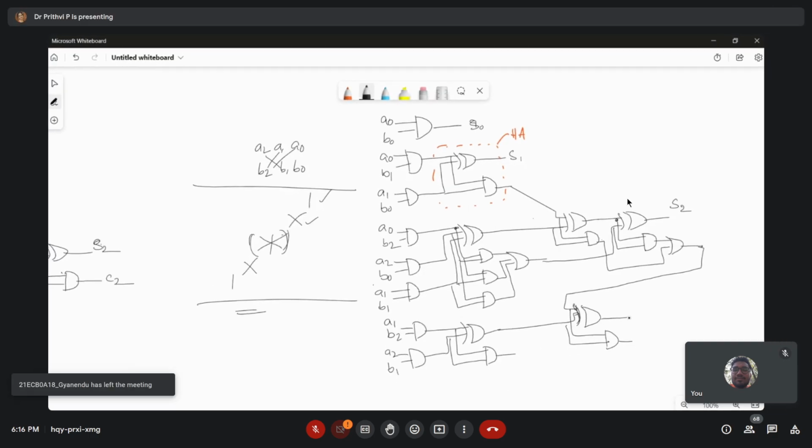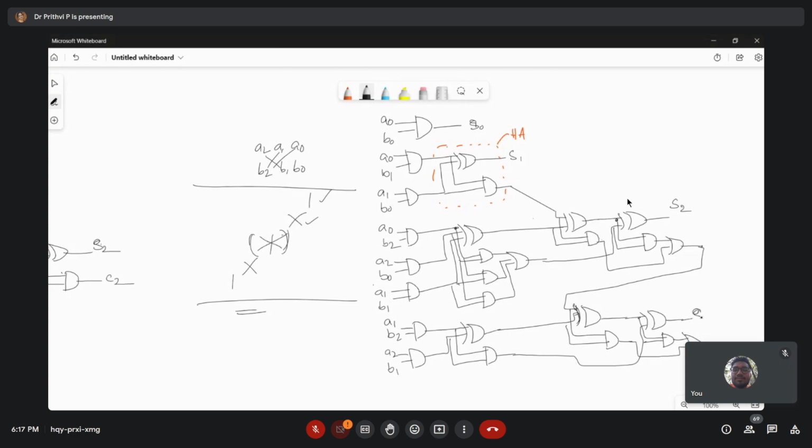This will be taken to, see here, one more half adder. I'll let you know what these terms are that we are taking in, and this will be ANDed once again for its carry generation. Now these two carries will be ORed for the overall carry at that stage.